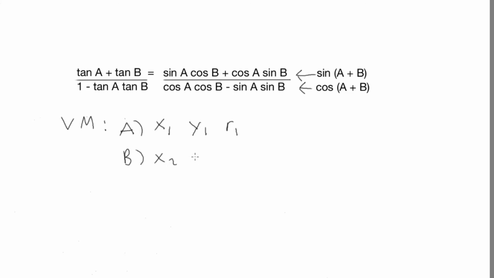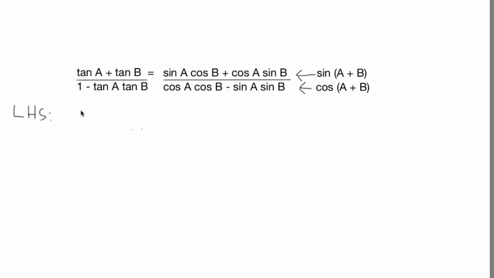Angle 2, or angle B, excuse me, will be x2, y2, cosine, sine respectively, and r2. And we're going to be dealing with the x1s, y1s, x2s, and y2s extensively. We're going to be putting them in these expressions, and we're going to see how it works out so beautifully without having to worry about any of these identities.